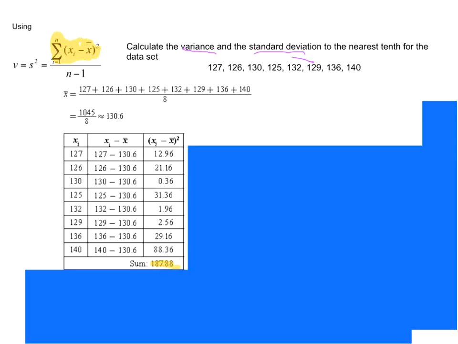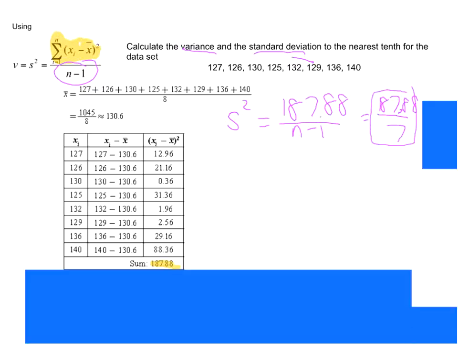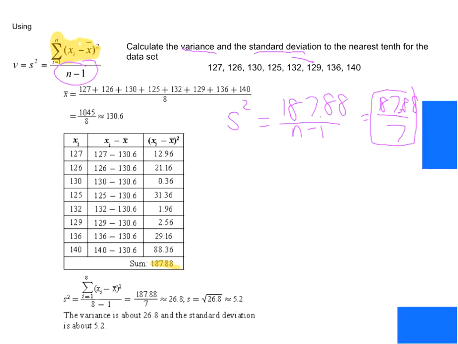So let's see where we're at. We're almost done with this problem. It says s squared equals, so we would have our 187.88, and on the bottom it says to divide by n minus 1. Well, what would that be in our case? How many total terms did I have? I had 8, so 8 minus 1 would be 7. By the time I work all that out, 187.88 divided by 7 gives us about 26.8.